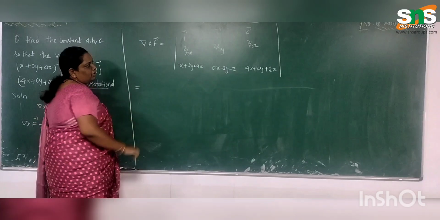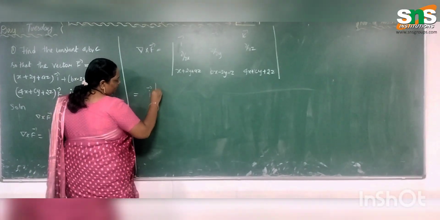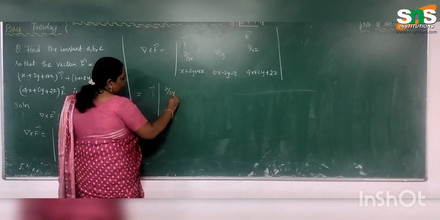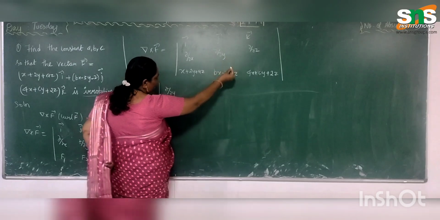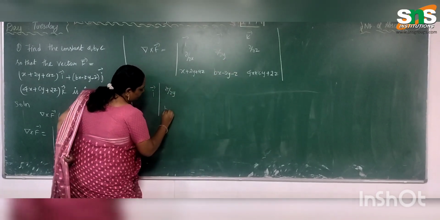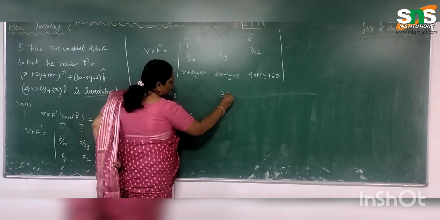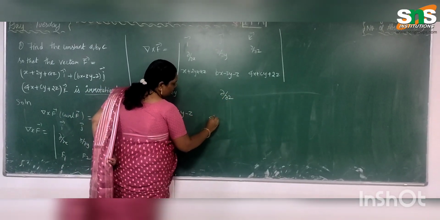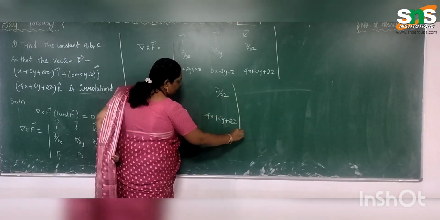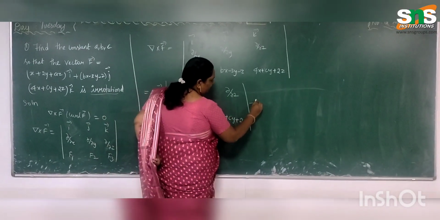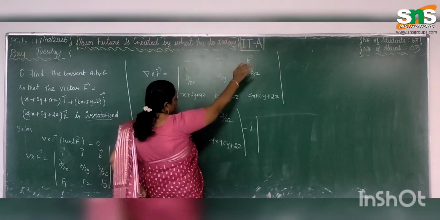Now we are going to expand the determinant of del cross F. So it is i vector into dou by dou y and dou by dou z, that is, bx minus 3y minus z and 4x plus cy plus 2z. Then minus j vector. Minus j vector means we omit this row and this column.